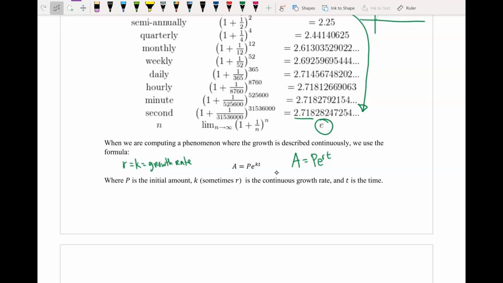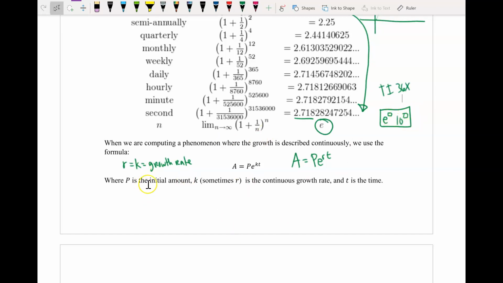e is just a value that you can plug into your calculator. If you go to your TI-36X Pro, your e is the third button on the first column. You're going to see this e to the little box, and then a 10 to the box. If you have the TI-36X Pro, you're going to see the e button.